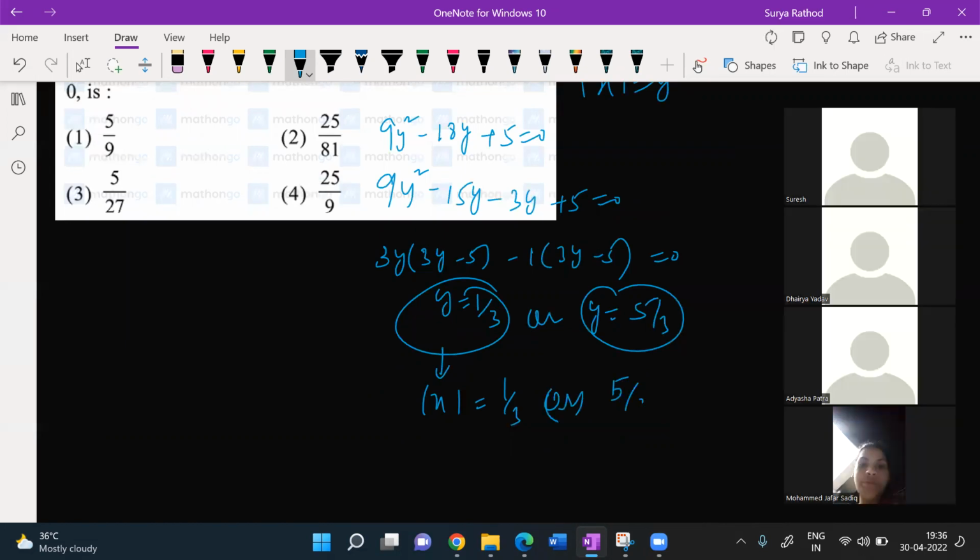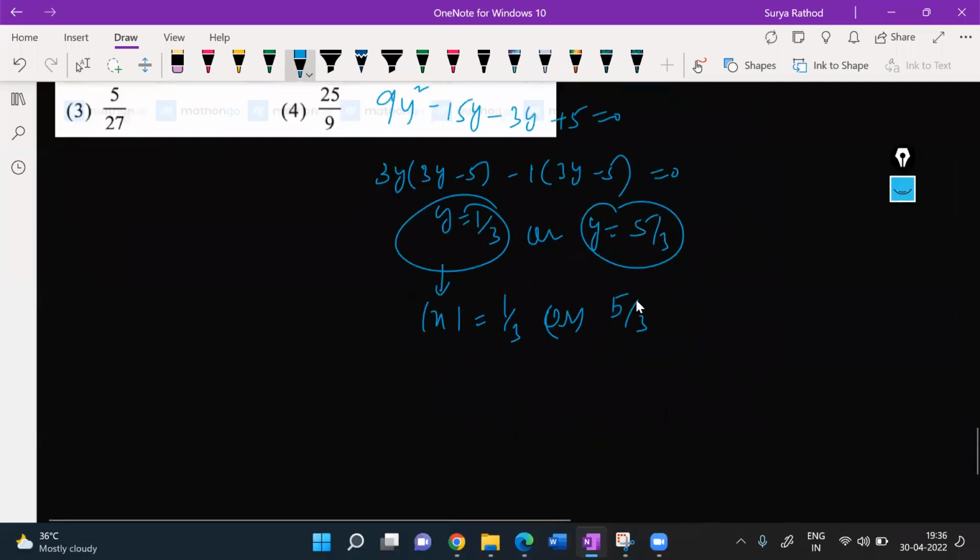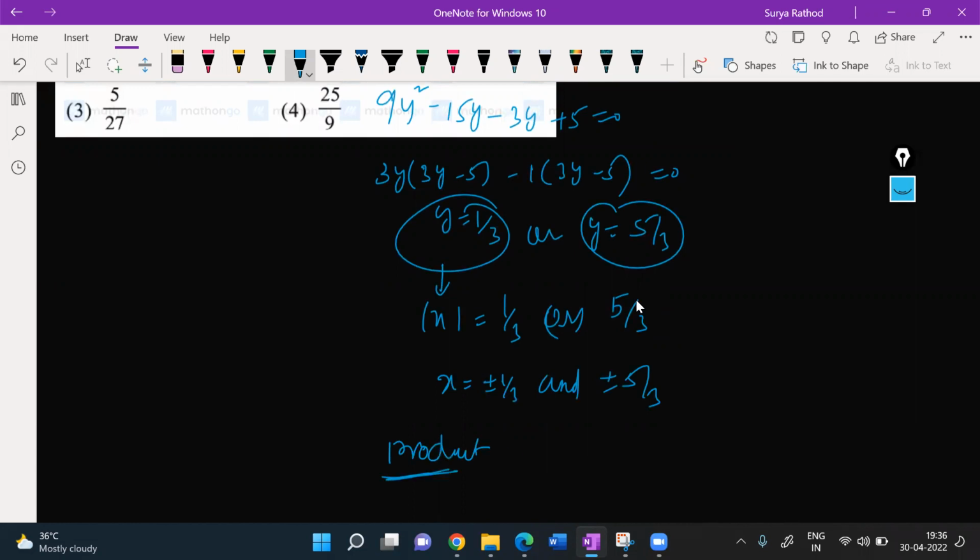So x can be plus or minus 1/3 and plus or minus 5/3. So product is what, beta? We need product, right? 5/9.